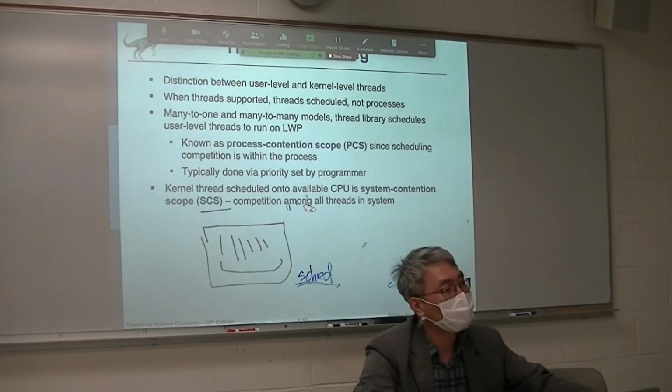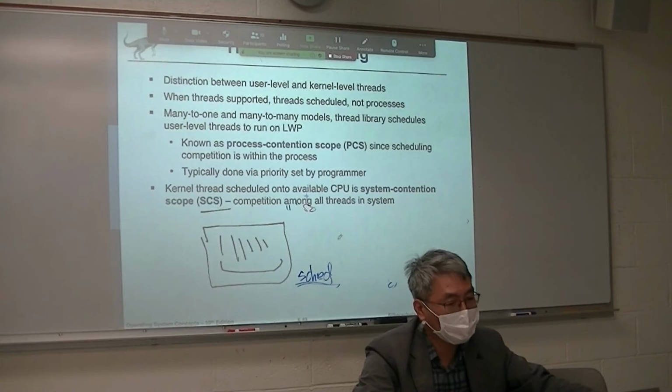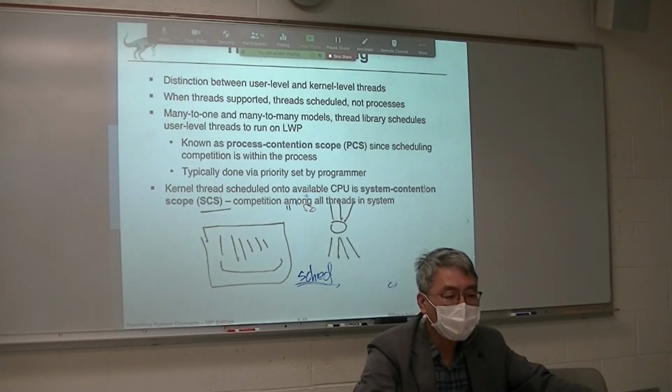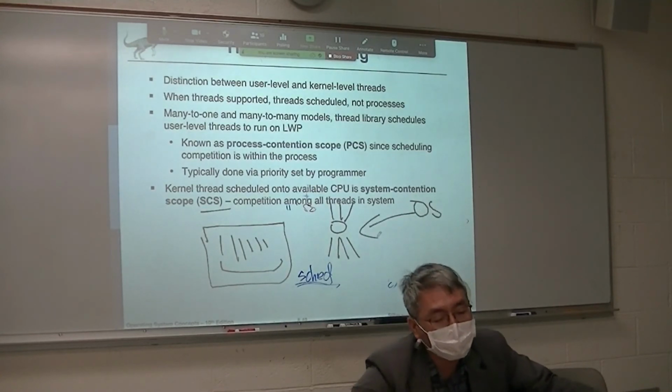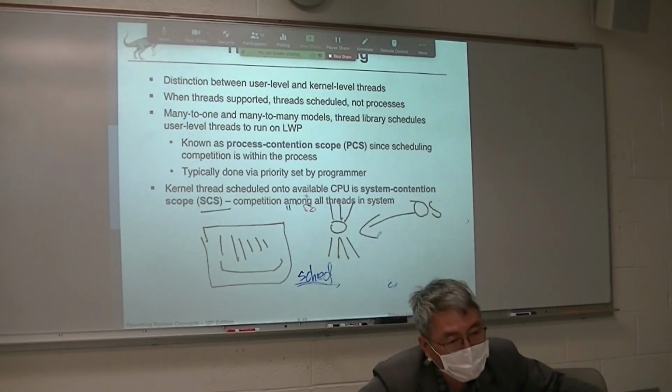However, as we discussed in chapter 4, each process may create user threads and also kernel threads. So the operating system actually assigns the CPU resource using whatever CPU scheduling algorithm.